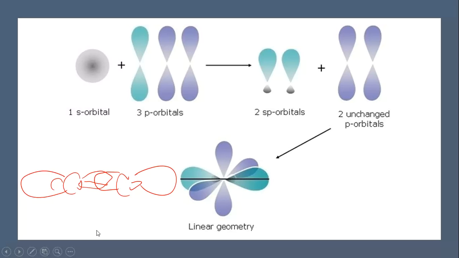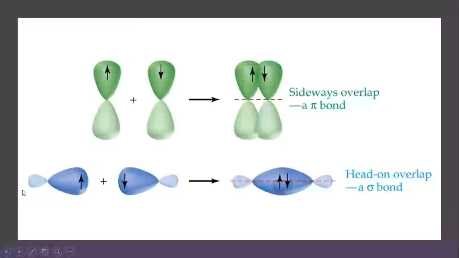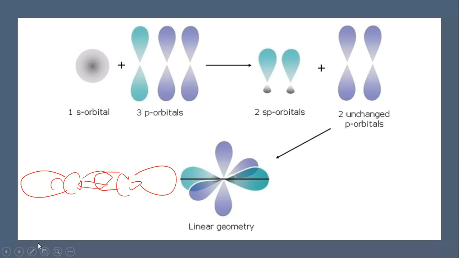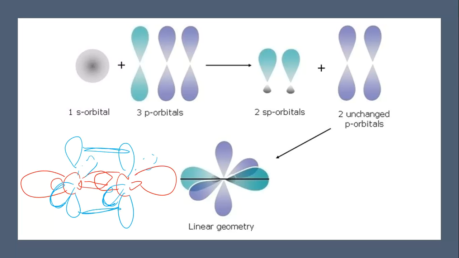And then you would have, in this case, a p orbital going up and down on each of these, and a p orbital, as you can see there, going out and back. So this one's coming out, and that one's going back, and this one's coming out, and that one's going back. And they'll overlap for the double bond and the triple bond.